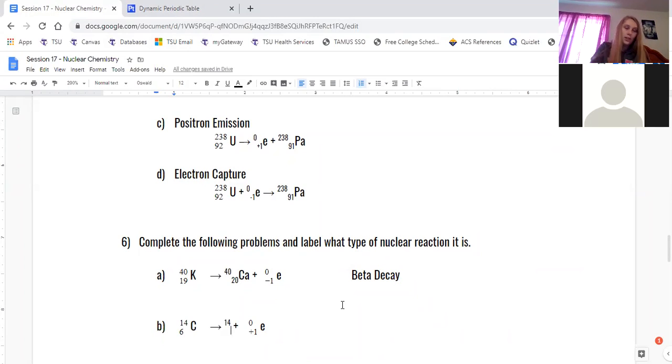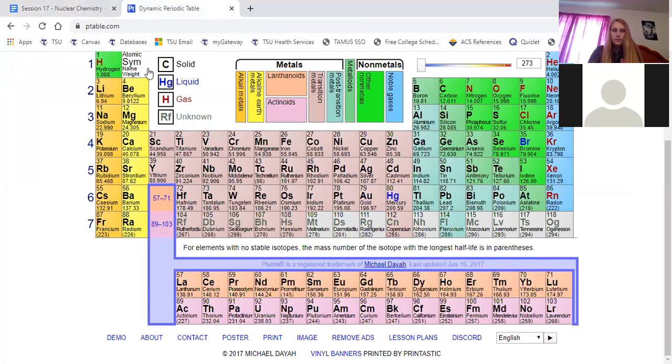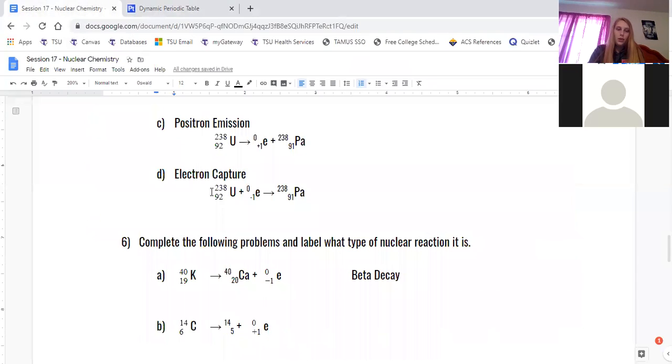I've done that plenty of times. 5, perfect. All right. So what is our element going to be this time? Boron, perfect. So it's going to be boron.